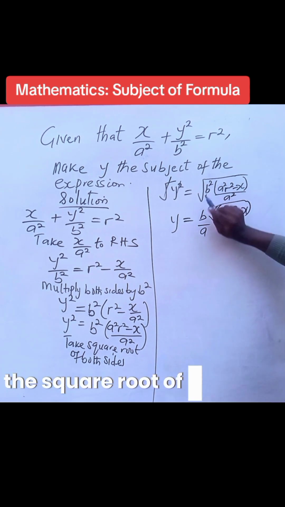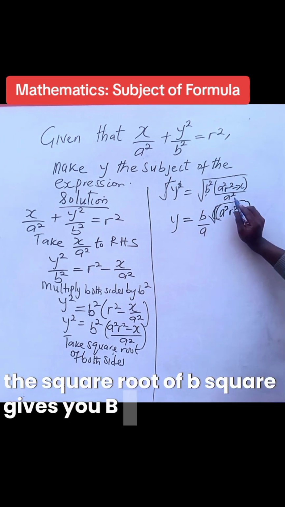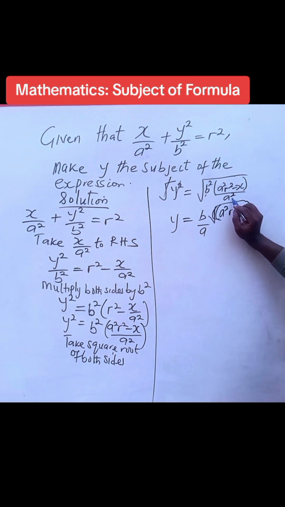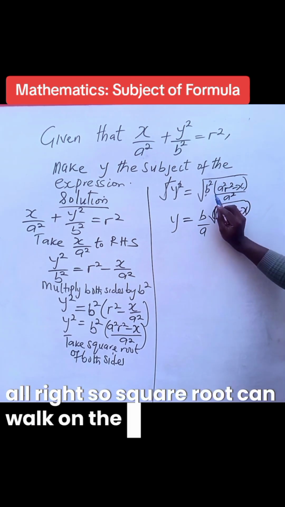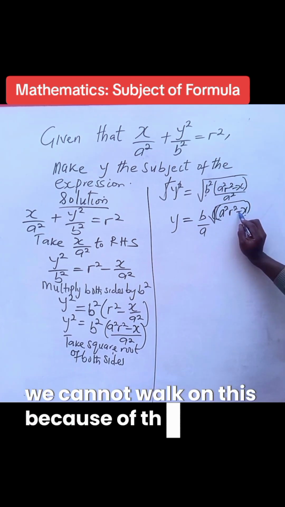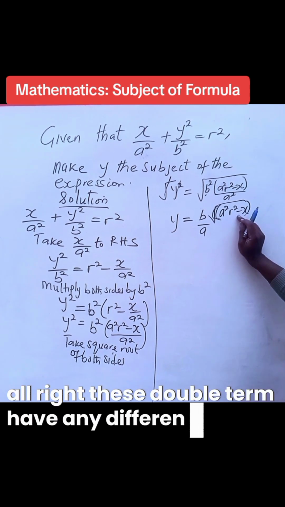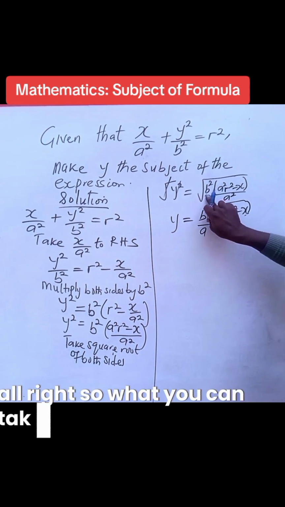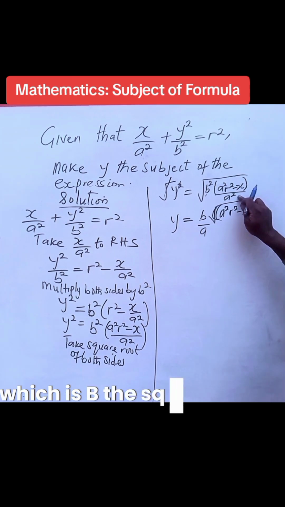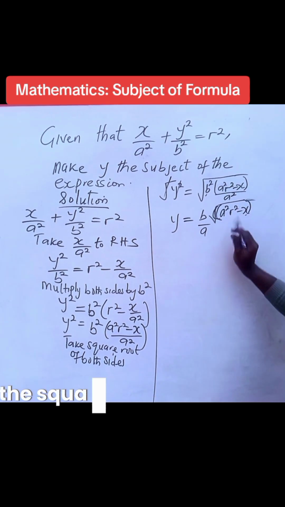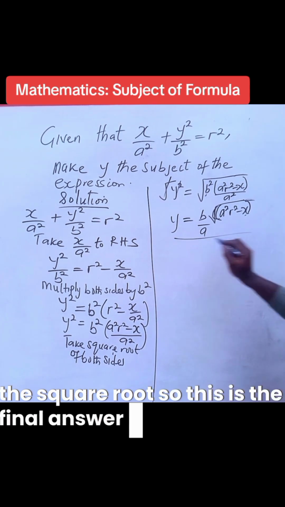The square root of b squared gives you b. The square root of a squared, because this is multiplication and this is division, square root can work on them, but it cannot work on this because of this minus, this double term having a difference. But you can take the square root of this, which is b, and the square root of this down one, which is a. We are left with this square root. So this is the final answer.